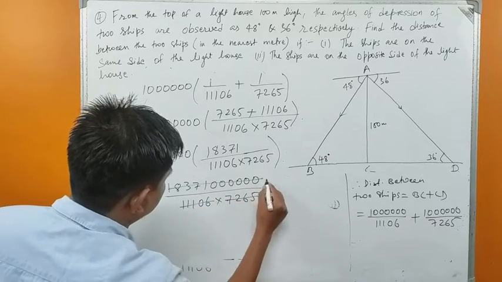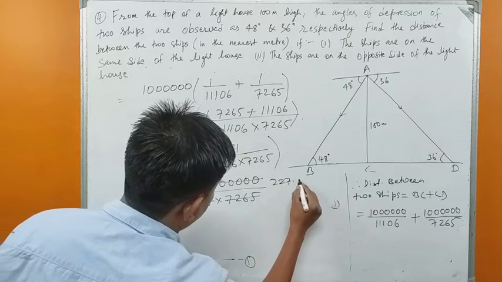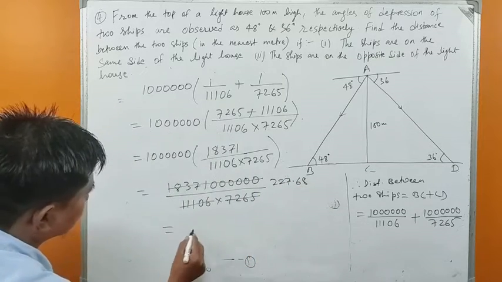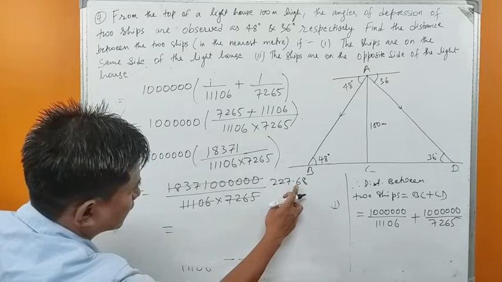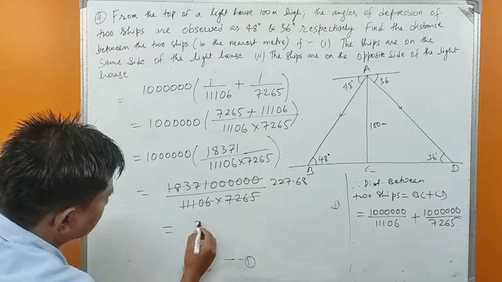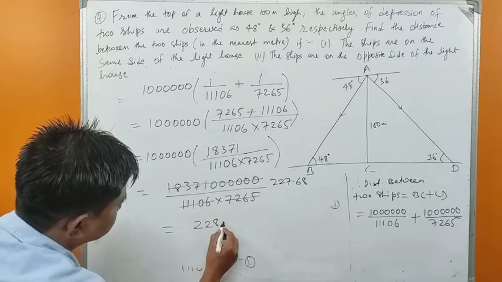Cancelled, we get 227.68. The 0.68 is greater than 5 in the first decimal place, so we round up this number to 228 meters.